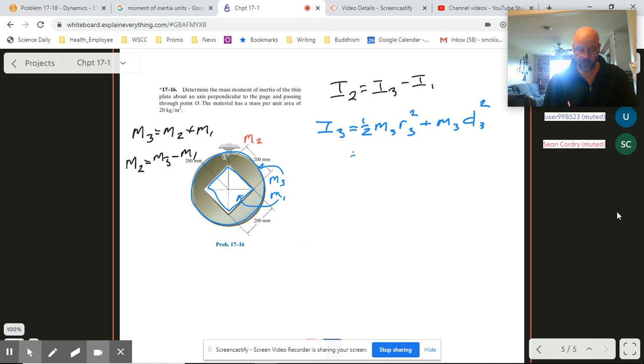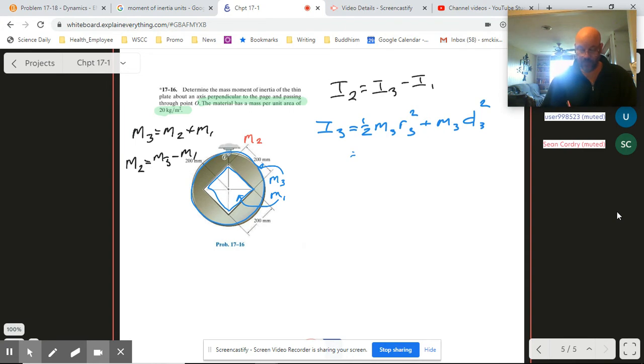So if we put in our numbers, we don't have our numbers yet. We need our numbers. We've got to figure out the value of M3 and the value of M1. A tricky part about this one is, kind of like in the last one they gave us a mass per unit length, here they give us a mass per unit area of 20. So we need an area times this sigma value in order to get the correct answer for our mass.